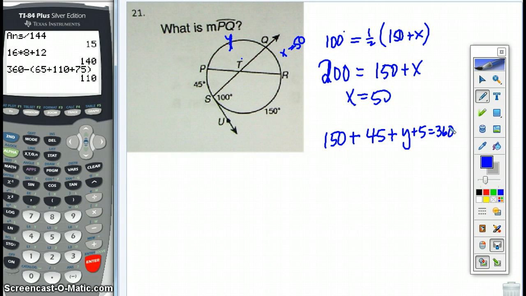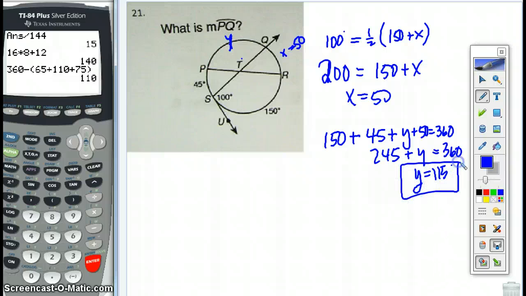Oh, did I forget a 0 there? Forgot a 0 right there. Okay, that looks good to me. And I get 245 plus y equals 360, or that y is equal to 115. There's the answer for PQ.